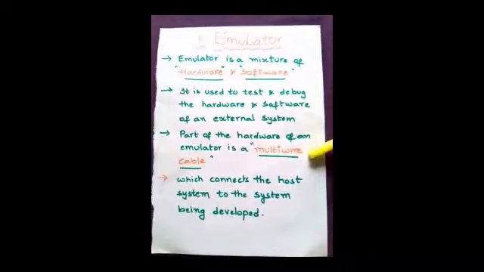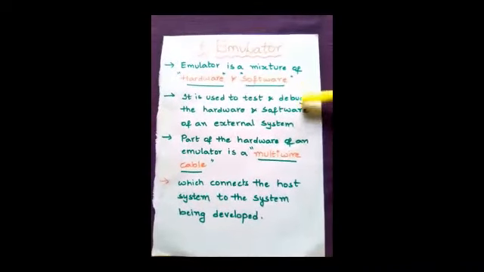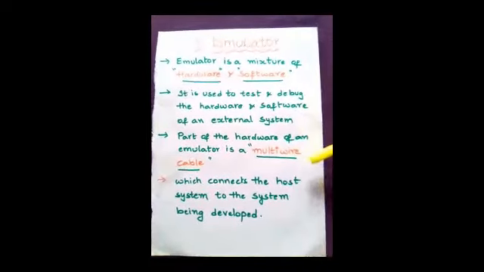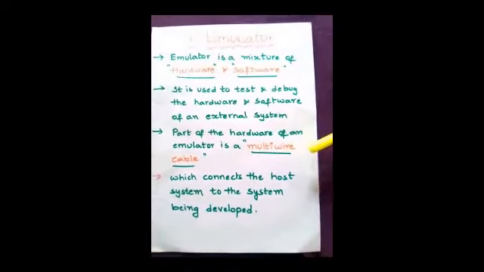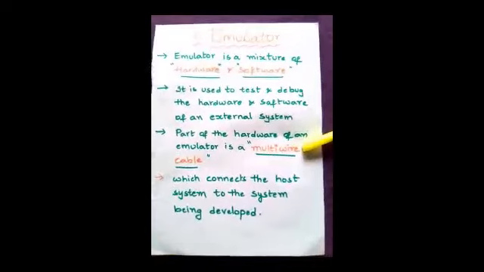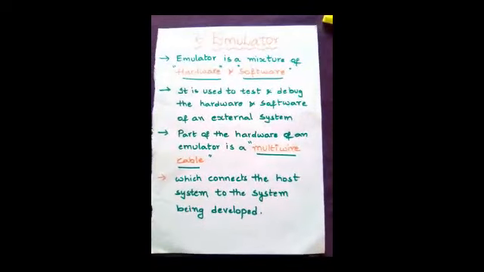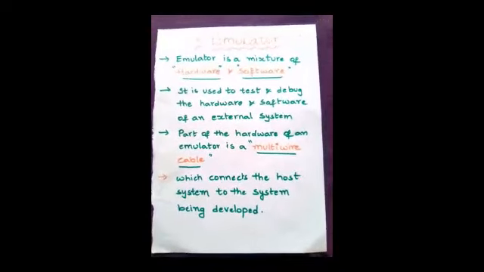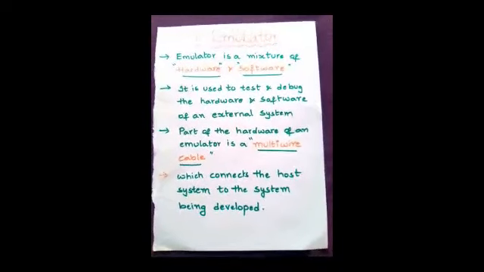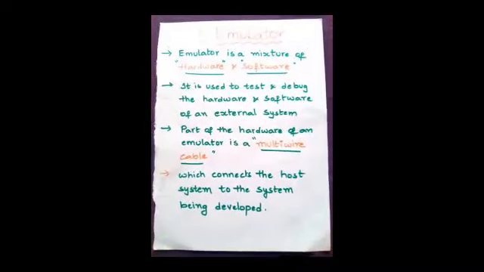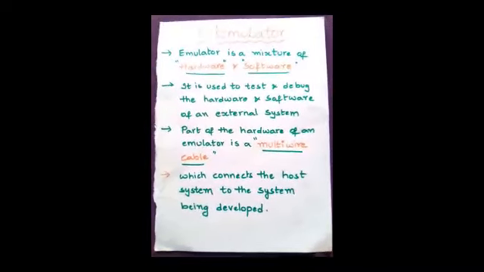Part of the hardware of an emulator, the physical entity, is a multi-wire cable. What is the purpose of this multi-wire cable? It connects the host system to the system which is being developed. So emulator is nothing but a hardware and software combo which is used to test and debug the program.